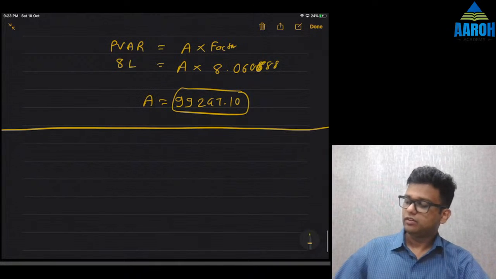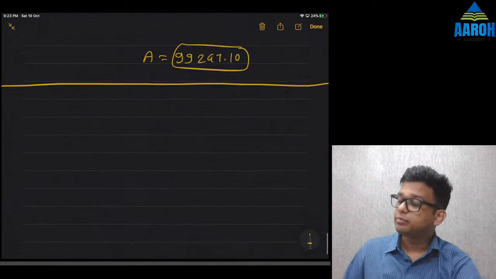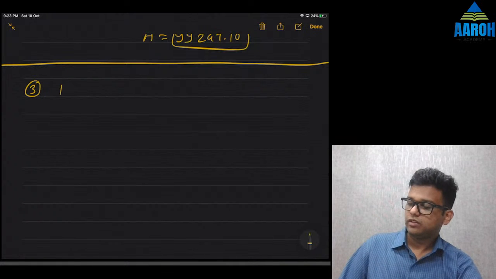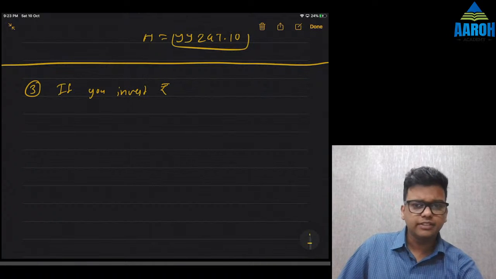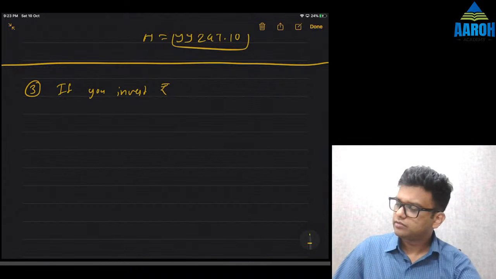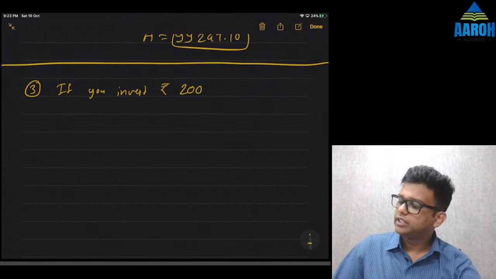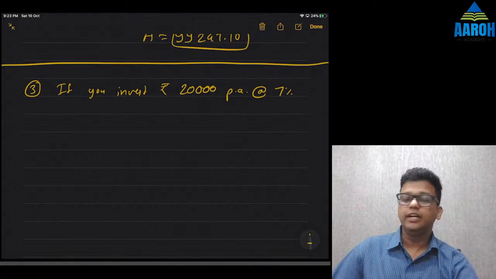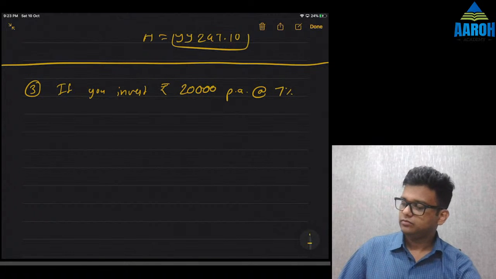Fine. Then 2 investment questions. If you invest rupees 20,000 per annum at 7% interest, how much will you get at the end of 10 years? Correct, 99,247 is correct, Vishwajit.